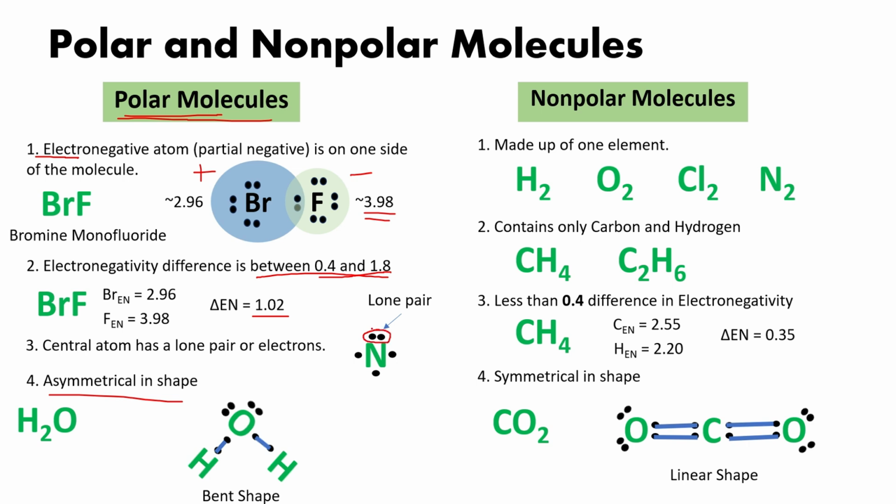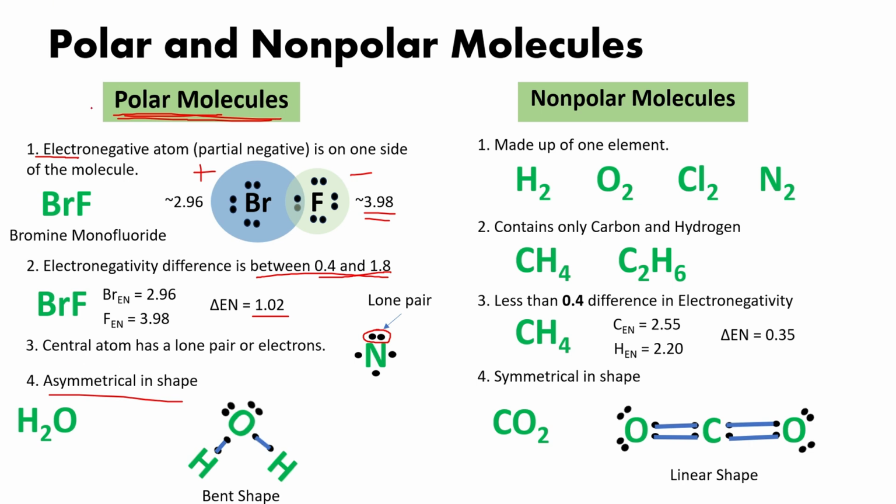If there is one paired electron in the central atom, if you know already the central atom, remember the central atom is the first letter that you write. If you do the Lewis dot structure and the central atom has two paired electrons already, then you can now consider that as a polar molecule.